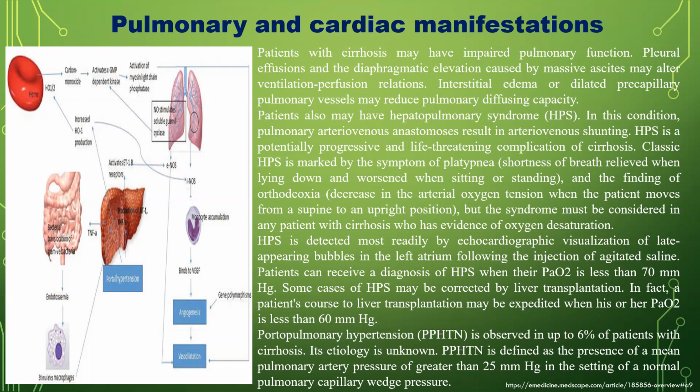The etiology is unknown, and this disorder is defined as a mean pulmonary artery pressure of greater than 25 millimeters in the setting of normal pulmonary capillary wedge pressure. I should remind you that pulmonary hypertension is a pulmonary artery pressure of more than 15 millimeters.